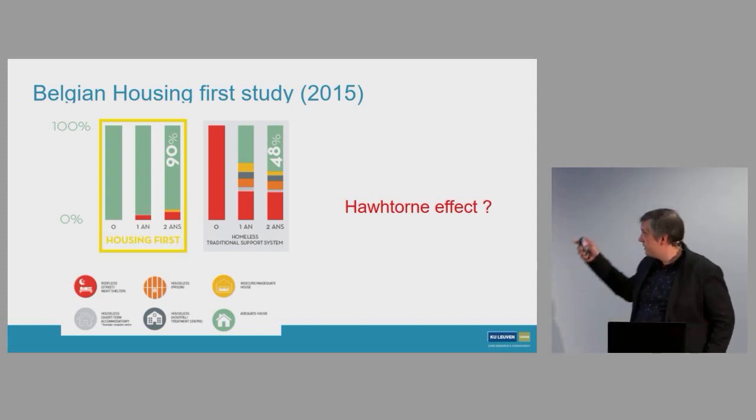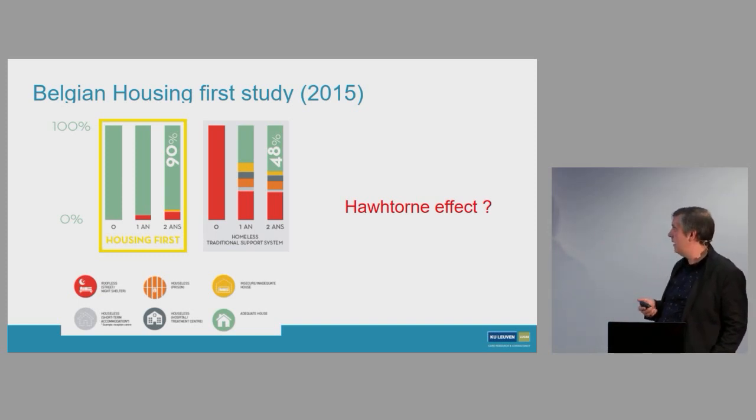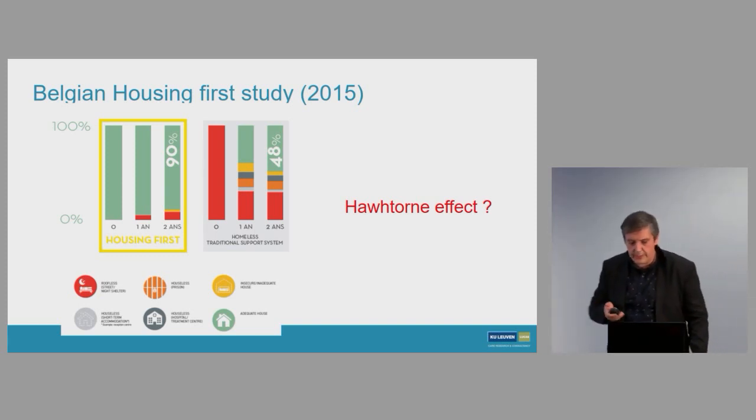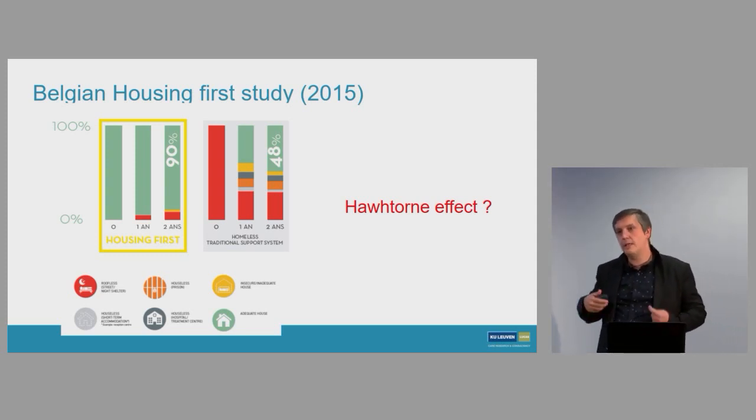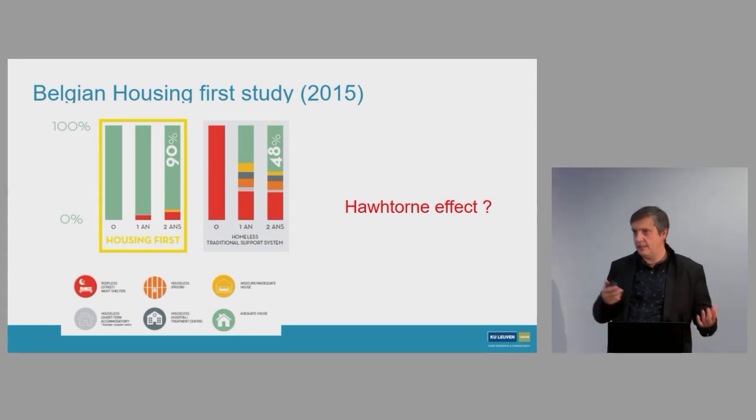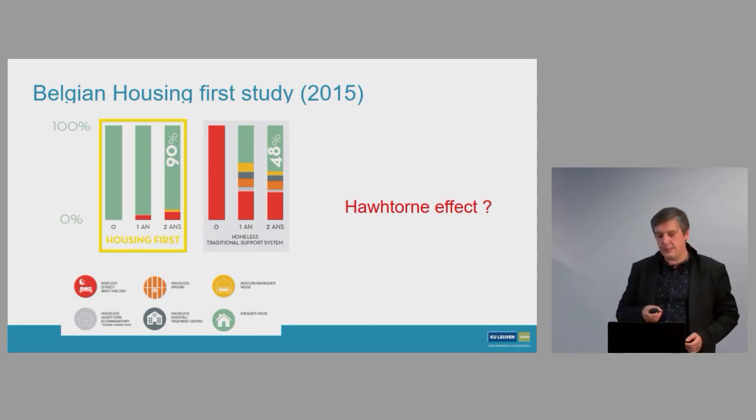Some say there is a Hawthorne effect. I'm not sure you're aware of what that is, but the Hawthorne effect means that if you're in a study, you probably are going to do better than when you're not in the study. If there is a camera on you, you will probably act differently than when it's not the case.